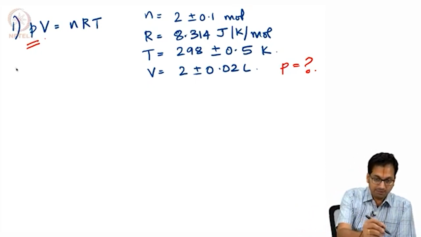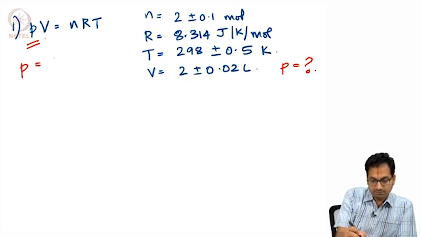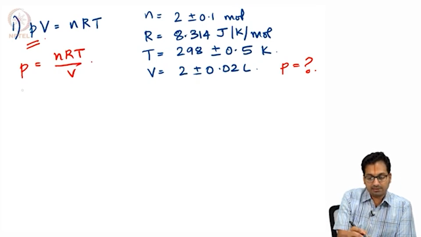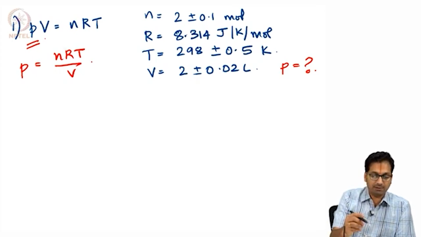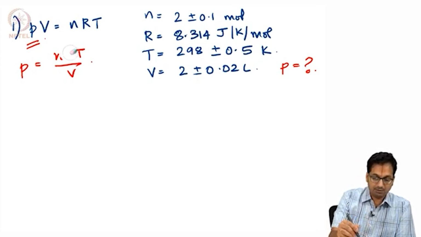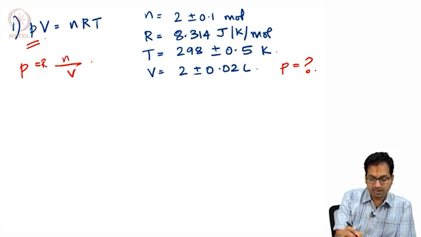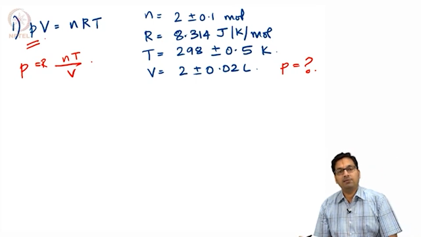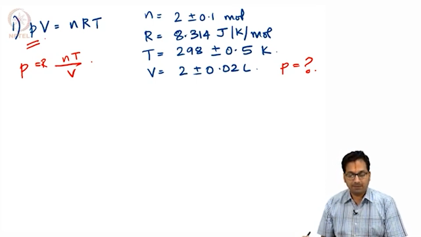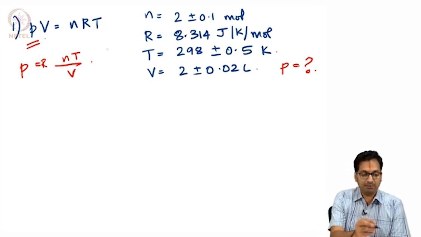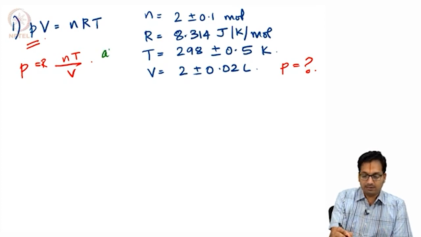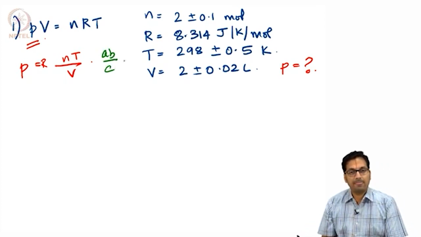This can be quickly rearranged as P is equal to nRT by V, and we realize that R is a constant. So, one can always switch the constant out. You can say R times n times T divided by V is the pressure, and you realize this is of the form AB divided by C. All right.